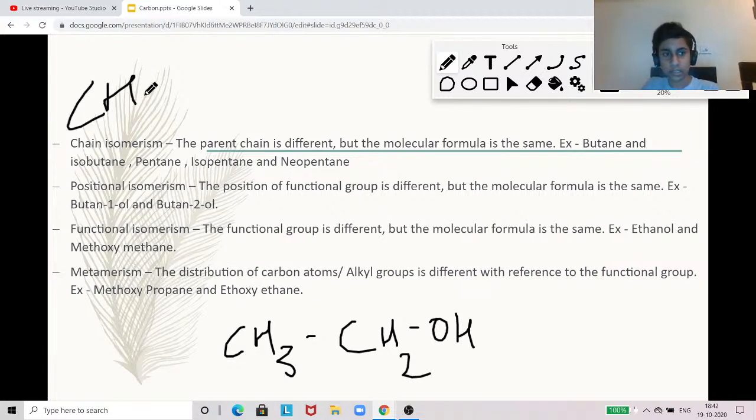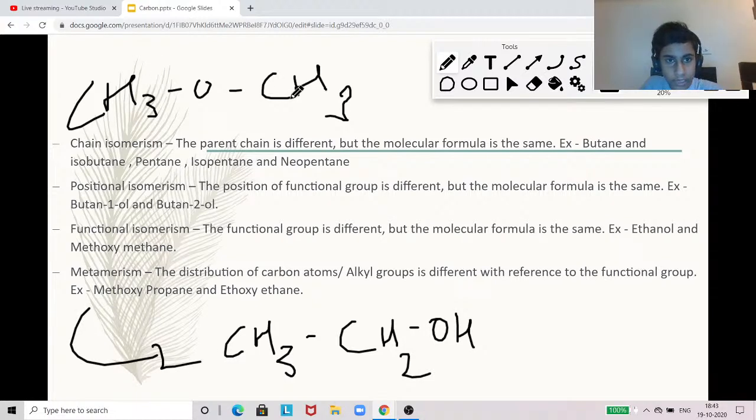It will be CH3 O CH3. Now you see that both have 2 C and 6 H, H3 plus H3, and both have O, so C2H6O. You see they have different functional groups altogether. The group is different but still the molecular formula is the same.